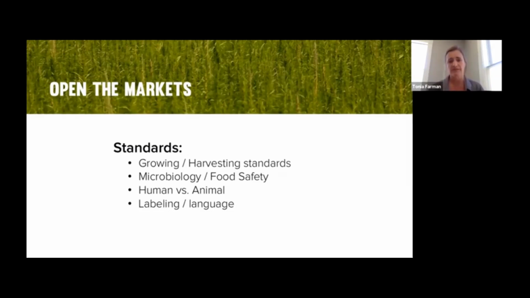And then that goes into the microbiology and the food safety testing. So what are the allowable microbial limits before grain can be safely received in a processing facility? And then human versus animal. The microbial limits for human consumption might be different from animal consumption.